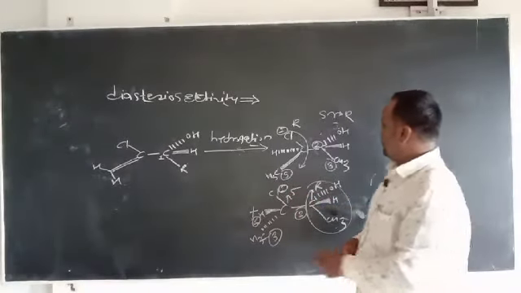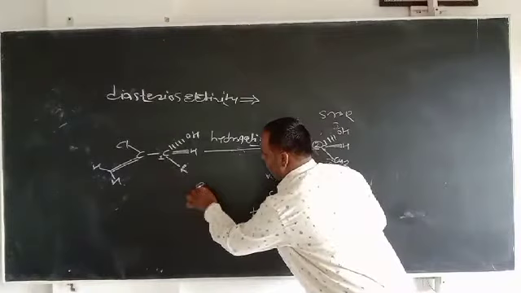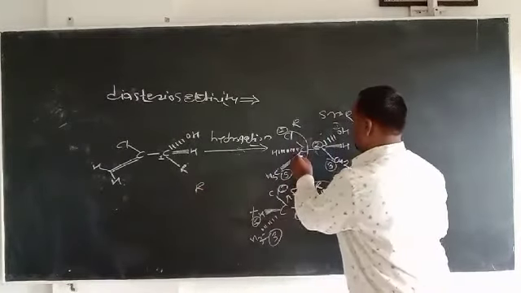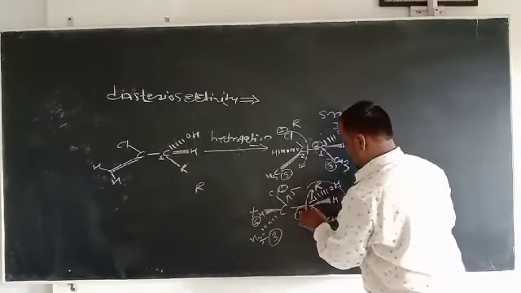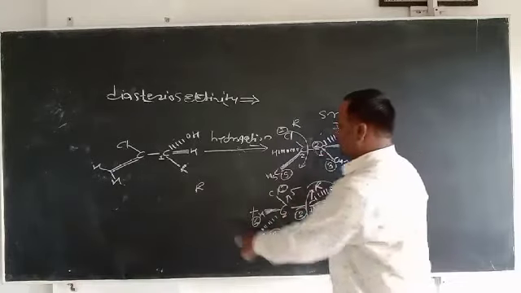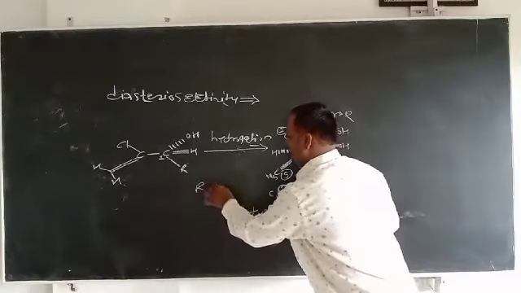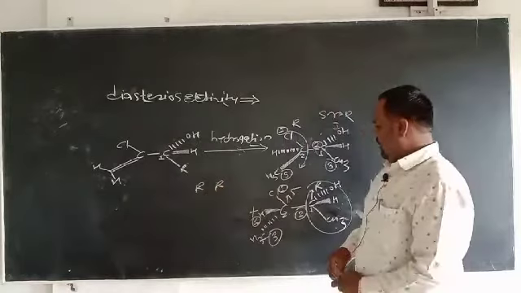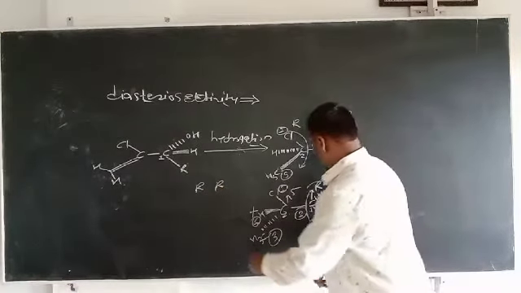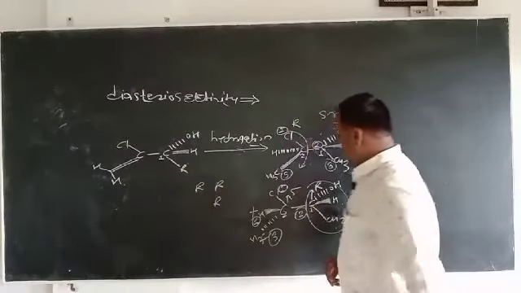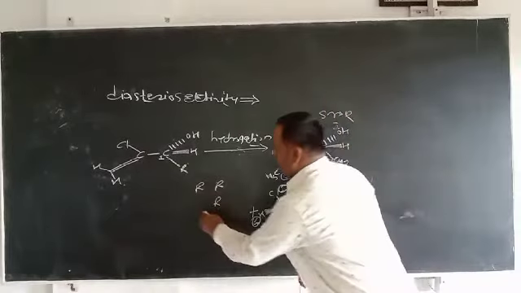So what do you get? In the first molecule, carbon number 2 has R configuration, and carbon number 1 has R configuration. While in the second molecule, carbon number 1 has R configuration and carbon number 2 has S configuration.